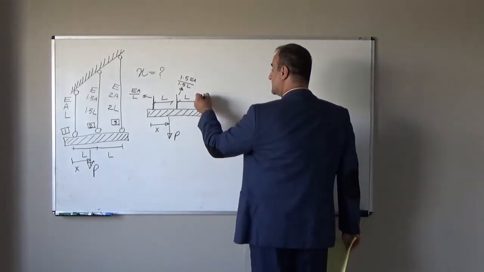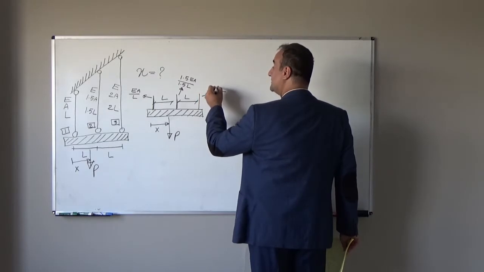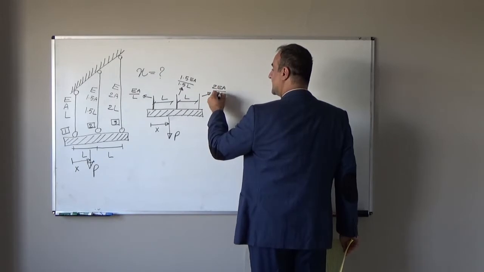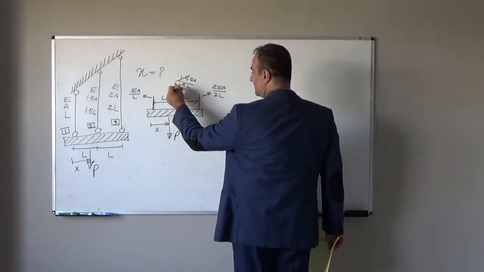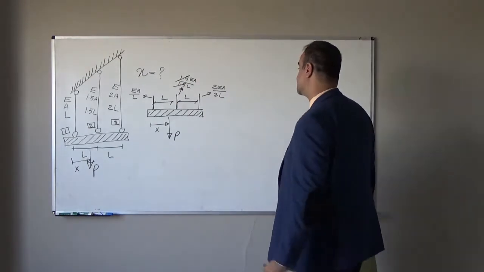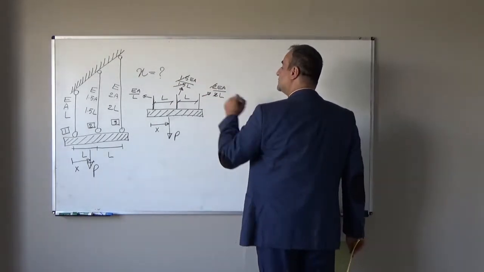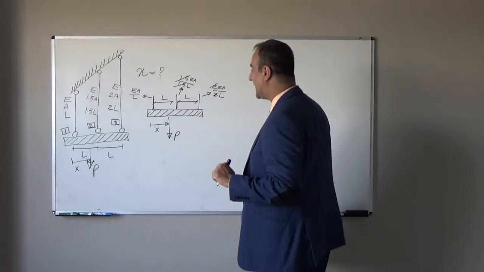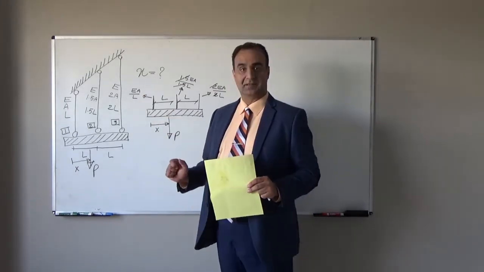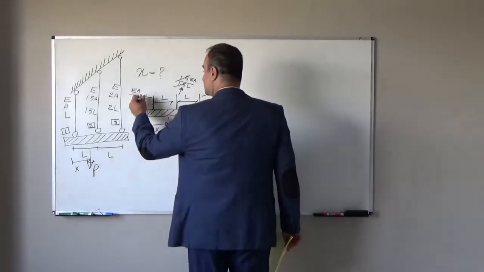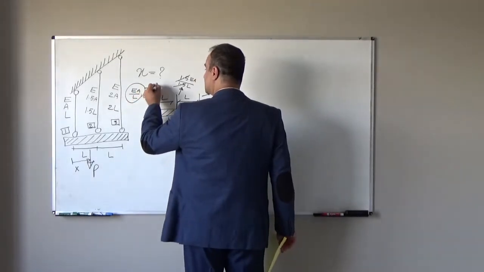For this one, axial stiffness will be 2EA over 2L. You see here 1.5 and 1.5 cancel each other, and 2 and 2 cancel each other. So axial stiffness for each one is EA over L. I can show it with one constant number like K.